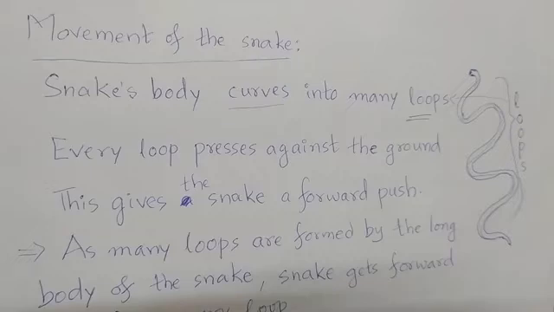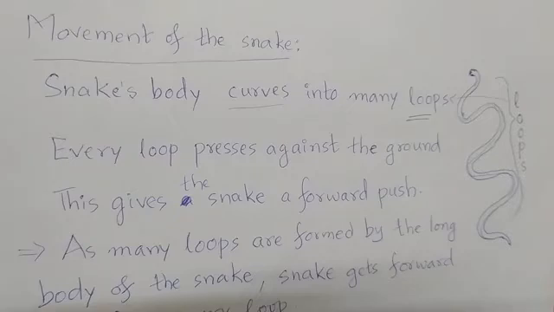As the loop presses against the ground, it gives an opposite thrust, pushing the snake forward. So as the snake makes the loops, each loop is pressing against the ground.